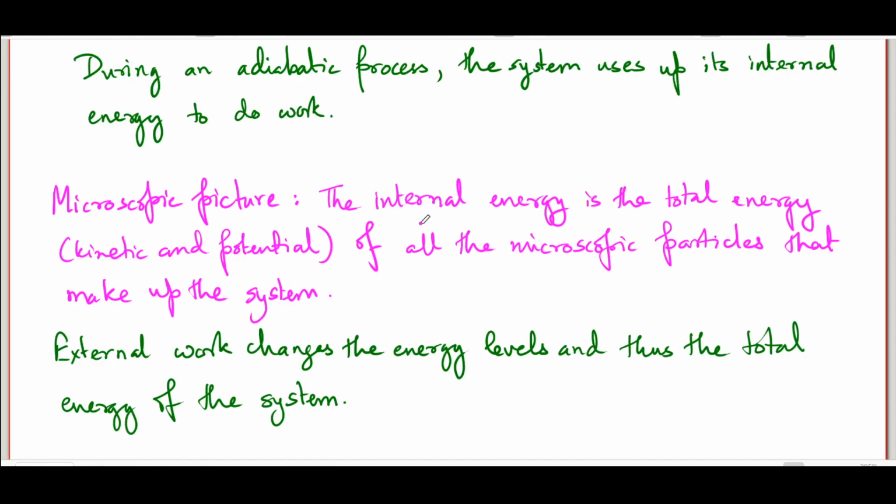For example, when you move the walls, the system becomes larger, so the wave functions that are used to describe the system have to extend over a larger region. Now, this change in energy levels manifests in the change in total energy of the system. But as I've said, in thermodynamics, you don't really care about, or you don't have to care about this. You can live perfectly well without being aware of this microscopic picture.